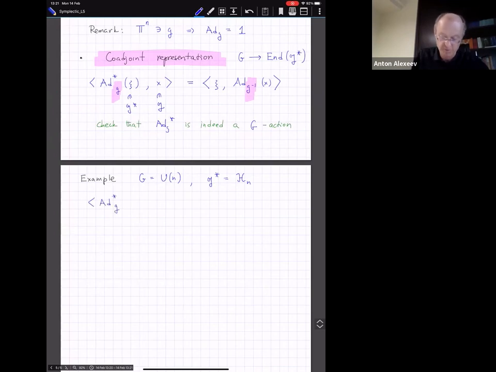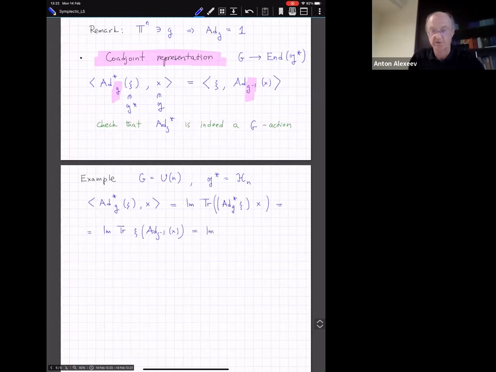So here we can simply compute this operator Ad star g. Concretely, in terms of matrices, this is the imaginary part of the trace of this gadget, whatever it is, times X. And by definition, this is the imaginary part of the trace of Xi times Ad g minus 1 of X. But this we know: the adjoint action is simply the action by conjugation.